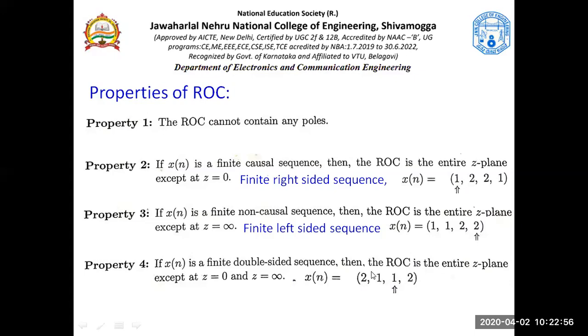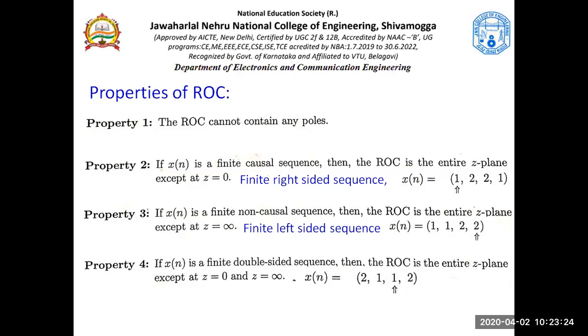For such a double-sided sequence, the ROC is the entire Z plane except Z equal to 0 and Z equal to infinity. Why? This is the combination of right-sided as well as left-sided. This is left-sided. This is right-sided. So it's a combination of both, and except Z equal to 0 and except Z equal to infinity, both need to be taken into consideration.